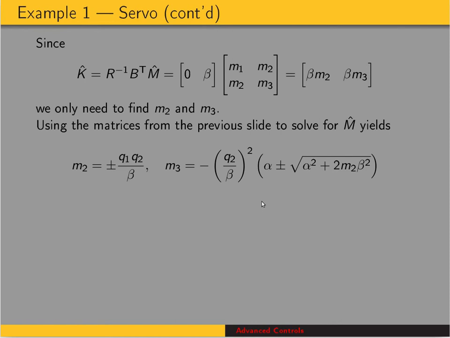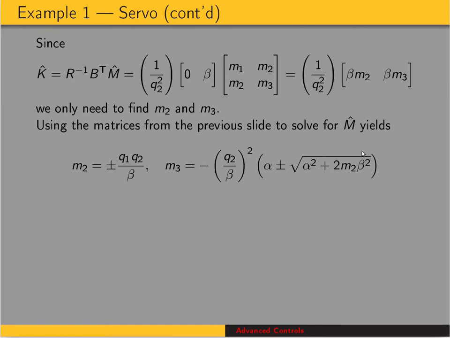Now, K hat is given by this equation. I had to correct something in this slide: I'd left off the R inverse. The point is that we only need to solve for M2 and M3 in the minimizing matrix M hat.